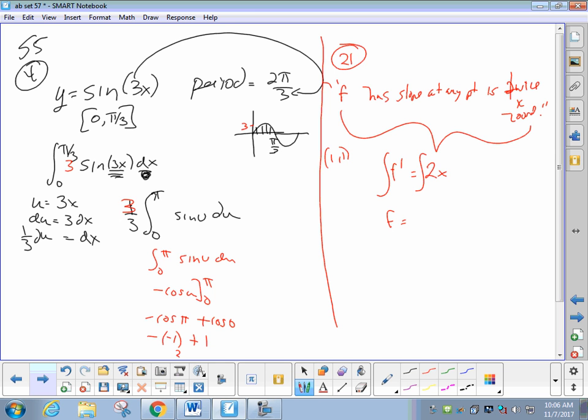F then is x squared, plus a c, because there's a whole family of functions that have a derivative of 2x. x squared plus anything shifted would always have that slope idea. But we take the point (1, 1) and use it to find the c, and in this case c must be 0. So the function is just straight up x squared. That's slope twice its x at any point. Make sense? The gotcha in there is the verbal connection.